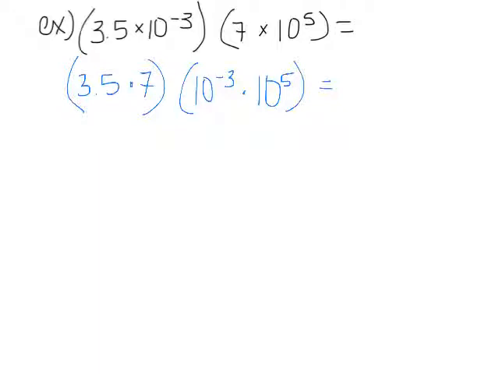And when I simplify that, 3.5 times 7 is 24.5. And here I have the same base, so I know that I'm going to just add my exponents. So I get 10 squared.